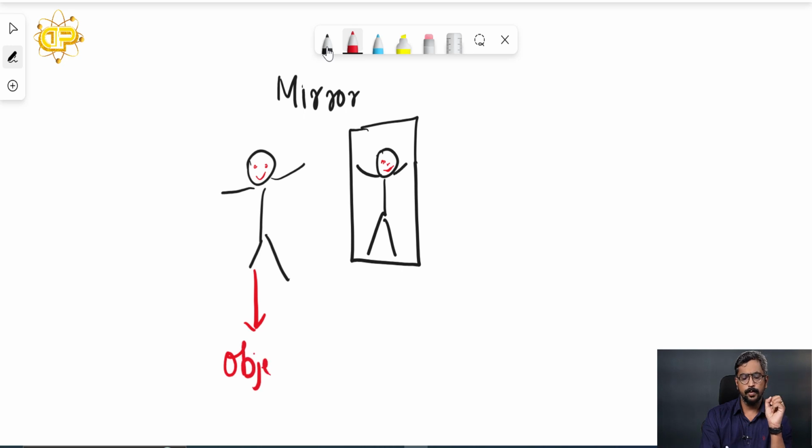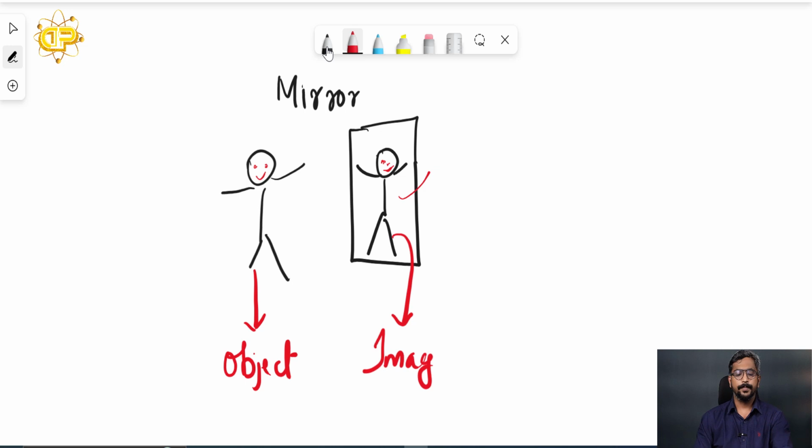And the reflection which is seen in the mirror is known as an image. This is the first and foremost thing that you need to study: what is an object and what is an image.